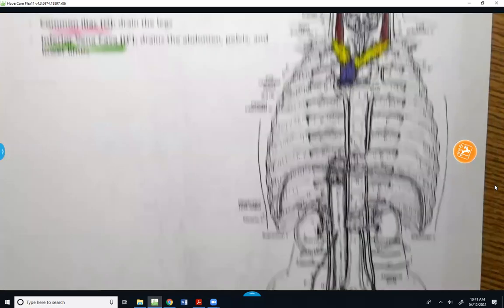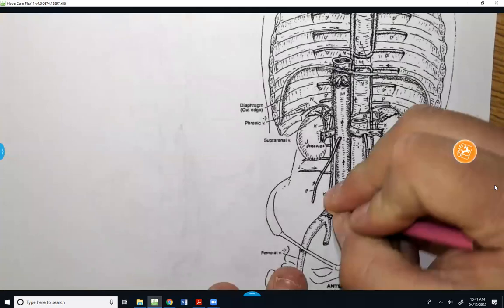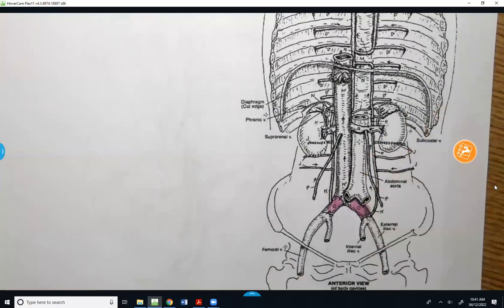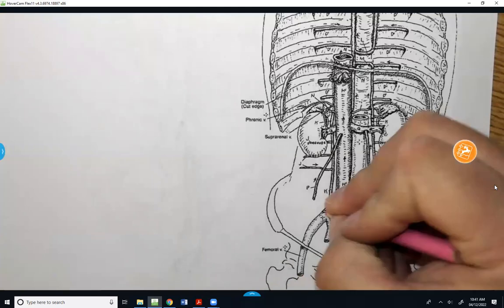And then down on the other end, the common iliacs should be right there by where the common iliac arteries that we just saw are.